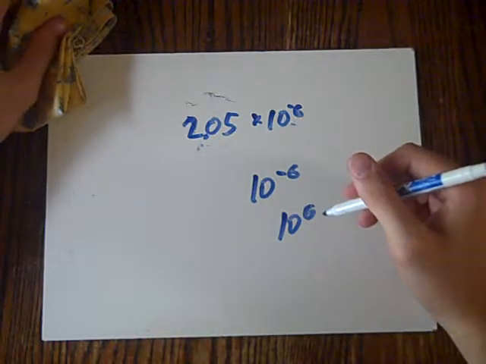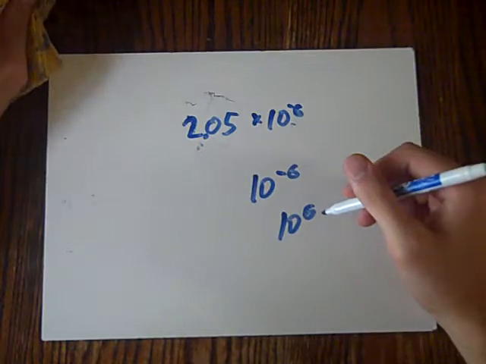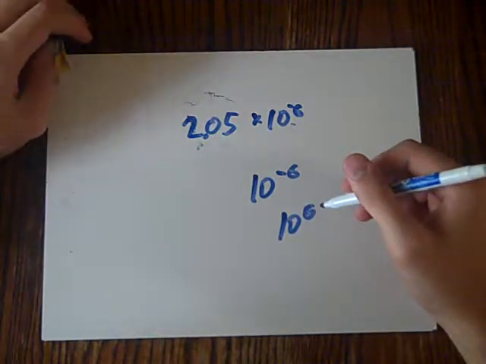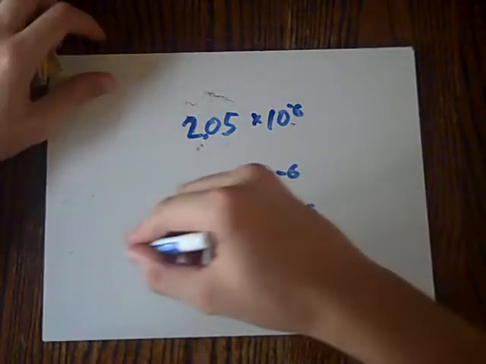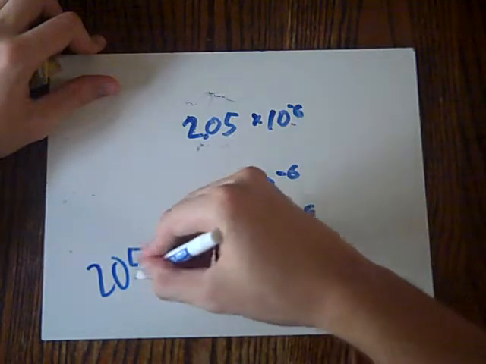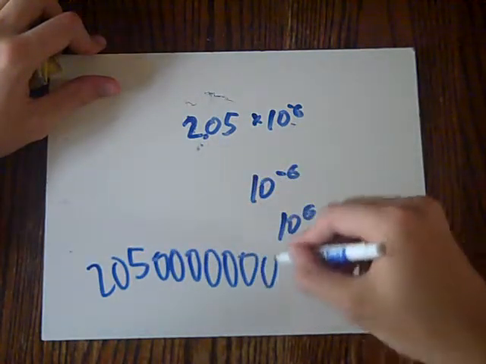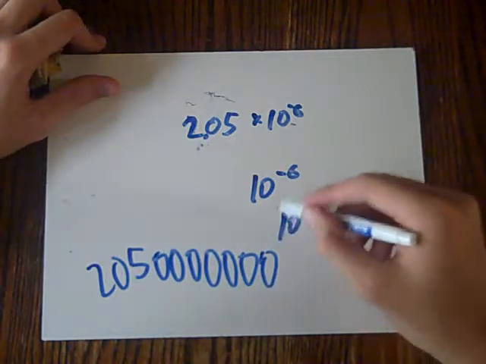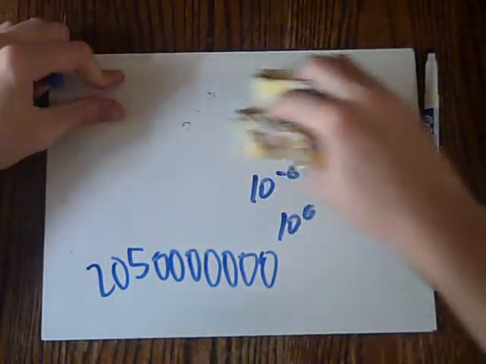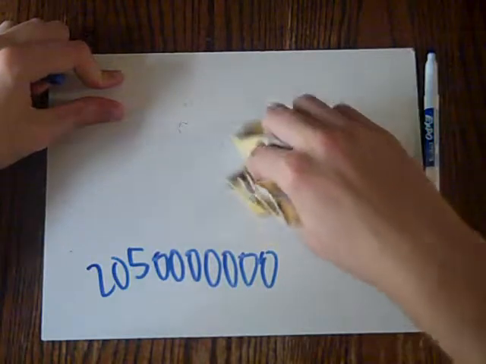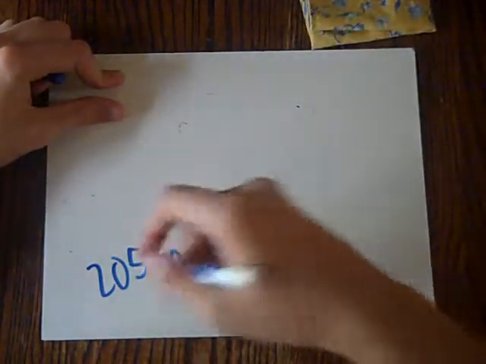And yeah, well anyway, what we got to do is try it out with 205 times 10 to the something. So what about this? It's like a huge amount. This is the actual number. This is standard notation.